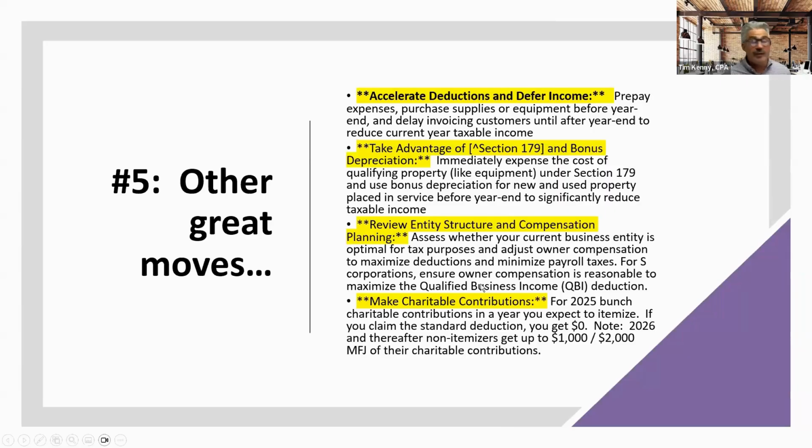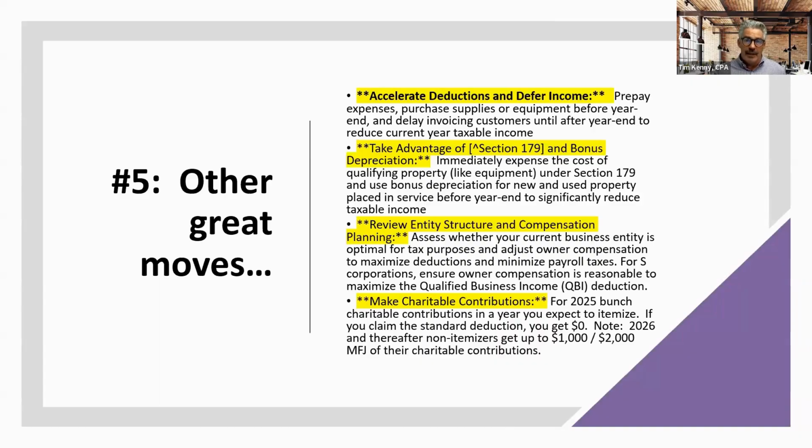Moving on, this is a big one. Your entity structure drives how your business is taxed. So this is something that you always want to consider coming up to the end of the year. Maybe the year turned out better than you thought, and you're set up as a sole proprietorship, where you're paying self-employment tax on every dollar of profit.